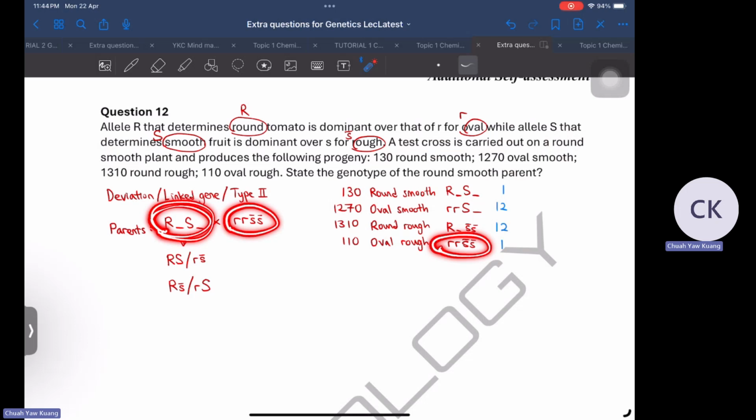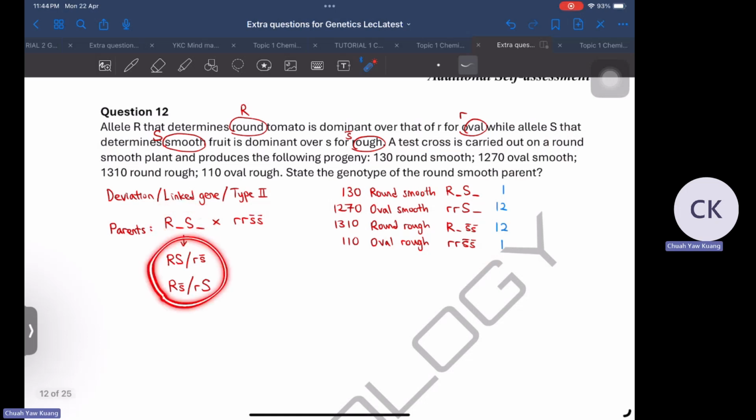Without being heterozygous, it's almost impossible to get this homozygous recessive individual. So whenever there is a test cross and this type of genotype is produced, normally the parent is heterozygous for both. That's why we can predict that.